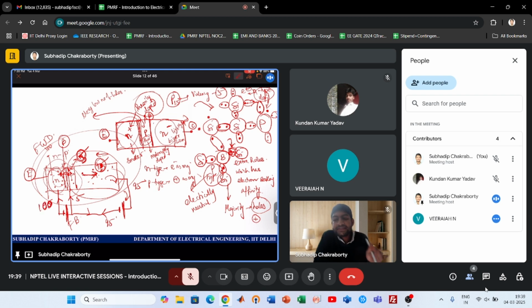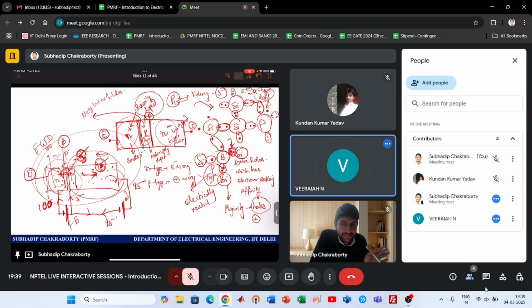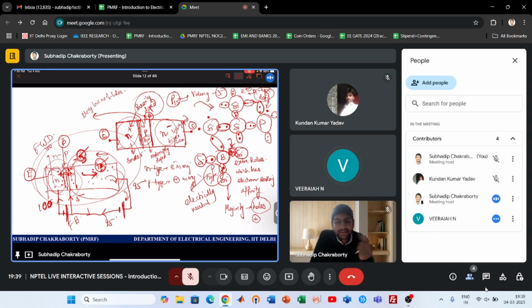So electrically the complete system still remains neutral. The battery is doing the magic and helping it maintain its original doping characteristics at the end of one cycle. So whatever charge entered, it recombined, it was forced to go out, such that eventually nothing is changed. That's why the device remains the device, right? It does not recombine and the characteristics are not lost after the forcing is taken away. So the NPN remains the NPN because of the battery.